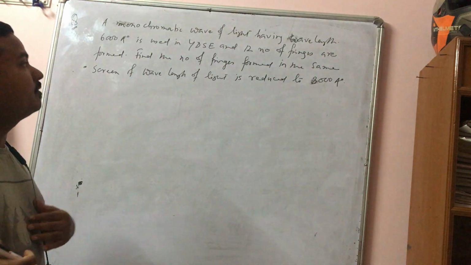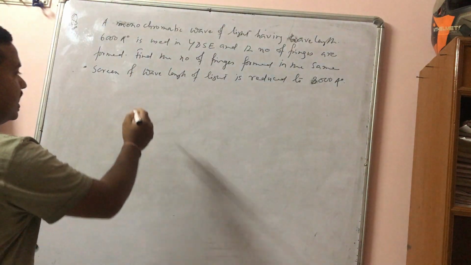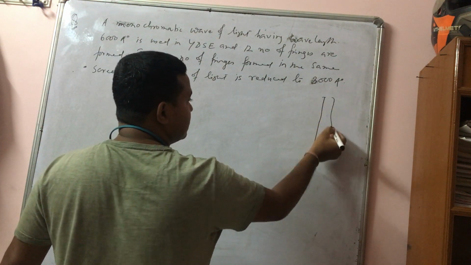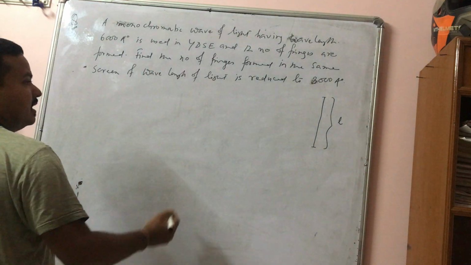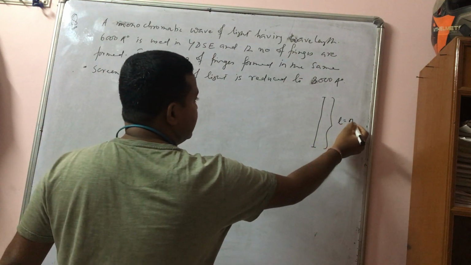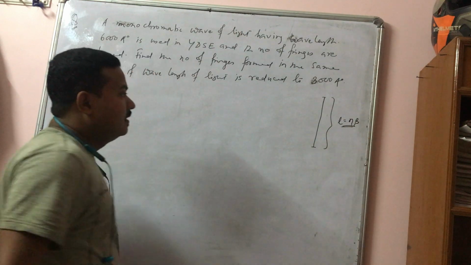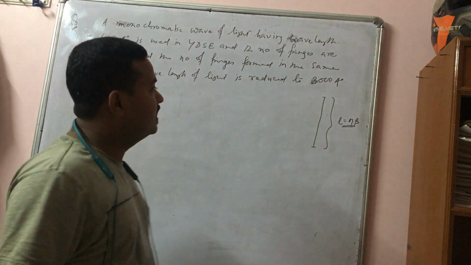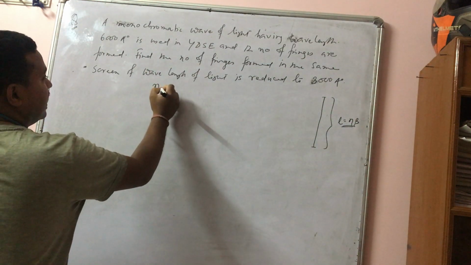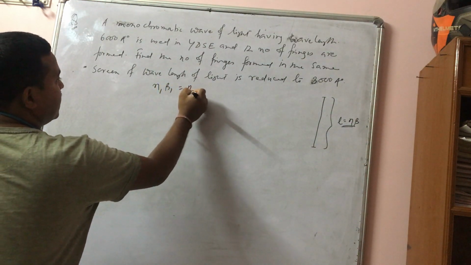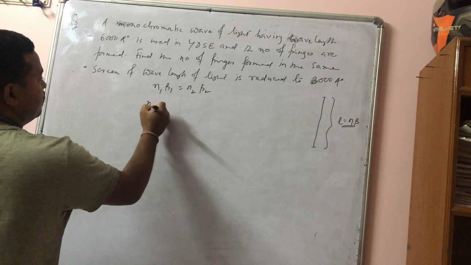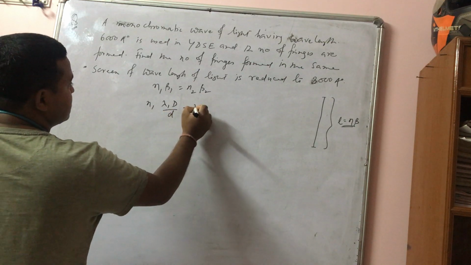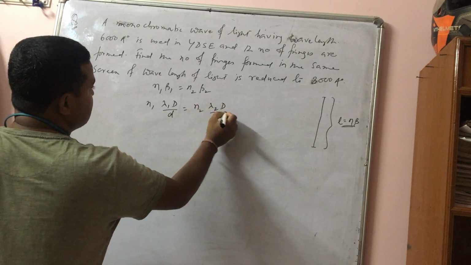The lambda changes, you have to find the number of fringes. So already I have given you that relation between the length of the screen and the number of fringes. So it is L is equal to n into beta. Here the length of the screen remains the same. So simply you can write n1 beta 1 is equal to n2 beta 2. Beta 1 is lambda 1 D by d, and beta 2 is lambda 2 D by d.